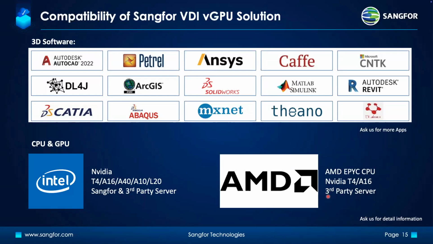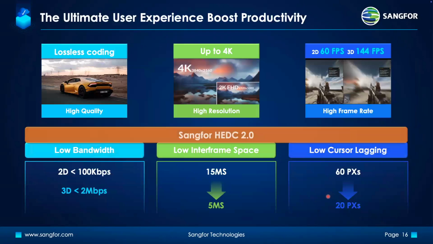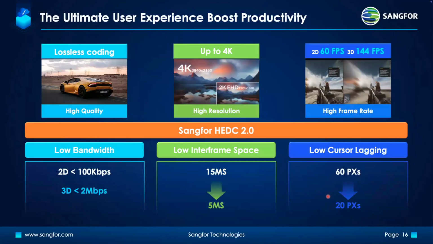We support both. You can run any of these applications from Autodesk AutoCAD, 3ds Max, Autodesk Revit, SolidWorks, all of these 3D designing applications, and provide a seamless experience to your users, right? Now, whether it is 2K or 4K resolution, it doesn't matter.